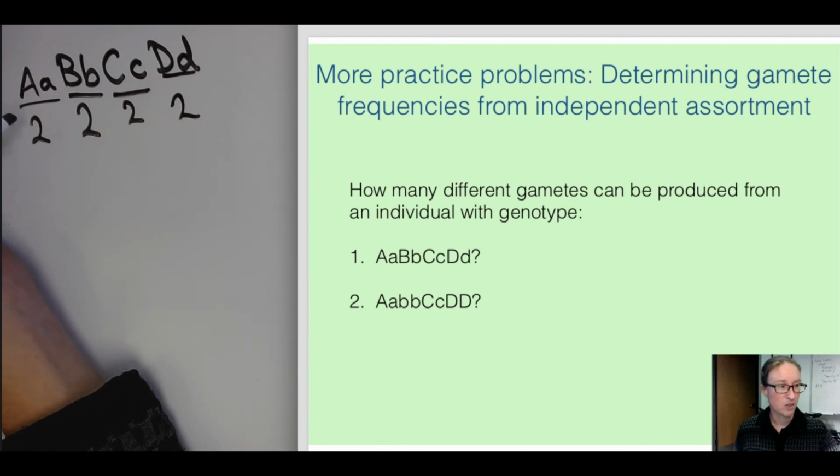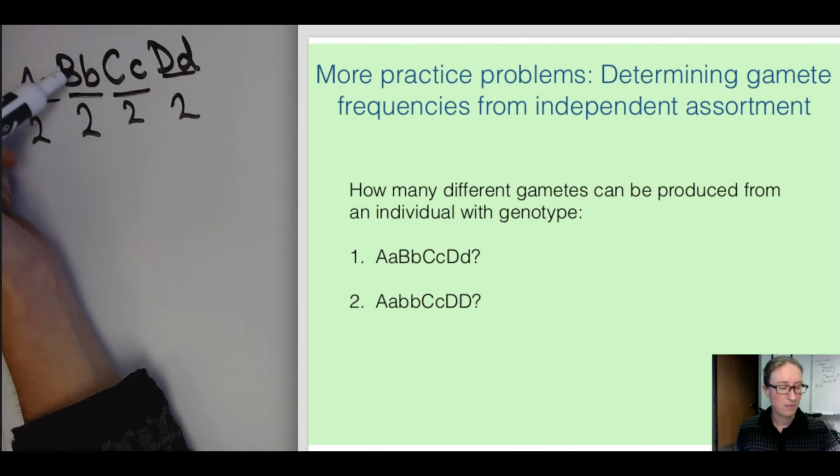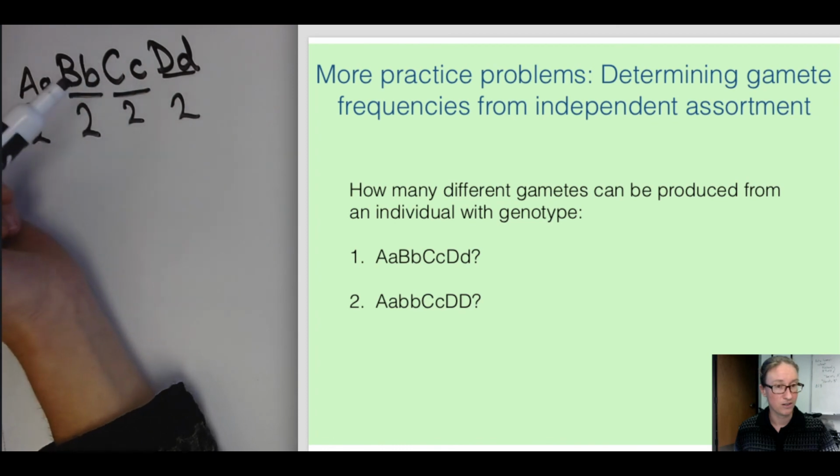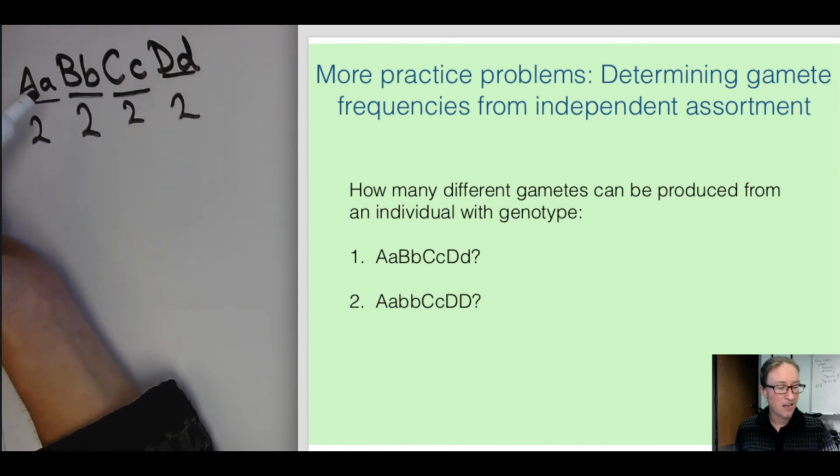Okay, so if it's possible to have big A or little a, big B or little b, big C or little c, big D or little d, then we can have any of those combinations with each other.